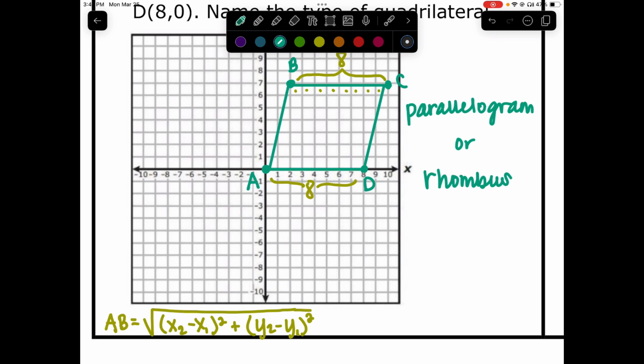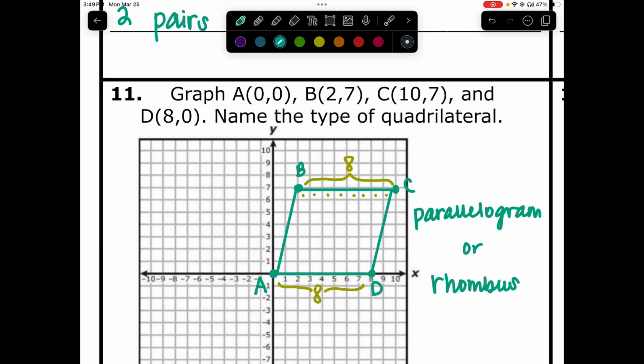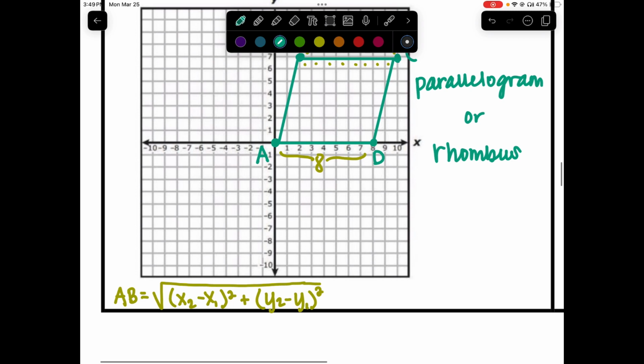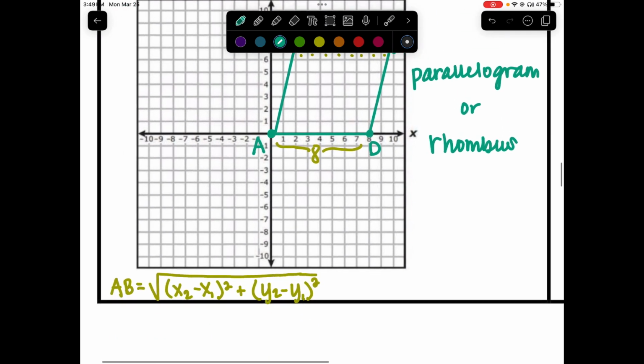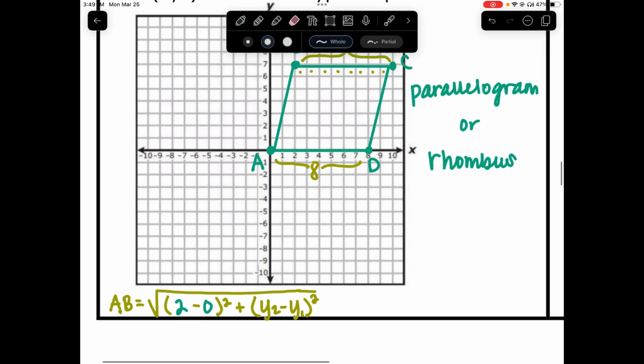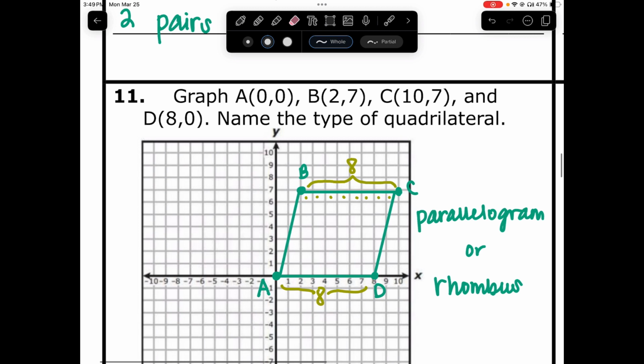Then we're just going to plug in the numbers. So for A, we have 0 for x, and then for B, we have 2 for x. Then for the y's, so again, this would be x1, y1, x2, y2, sorry about that.